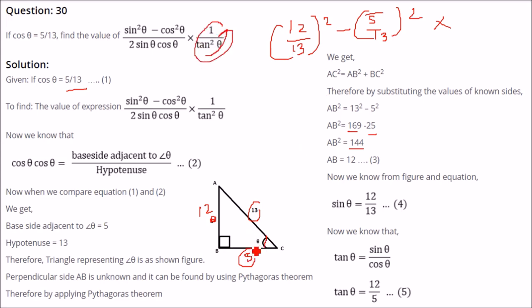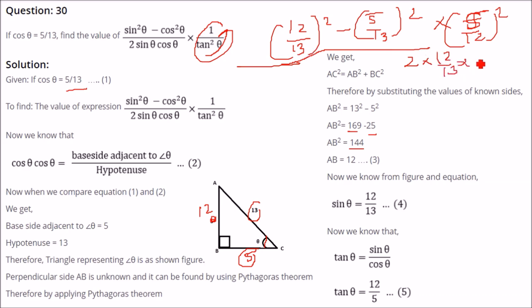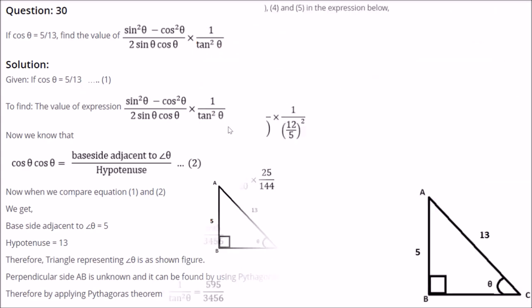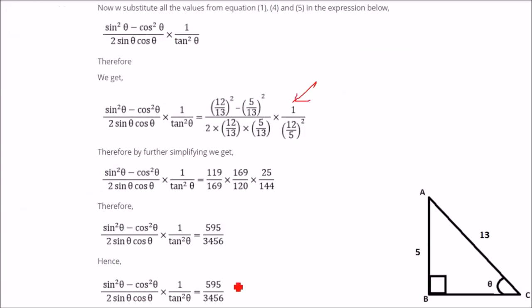Tan is perpendicular by base, that is 12 by 5. So cot square theta will be 5 by 12 whole square. And what will be the denominator? 2 into sin theta, which is 12 by 13, and cos theta, which is 5 by 13. This is what you have to solve right now, and this will be the answer.